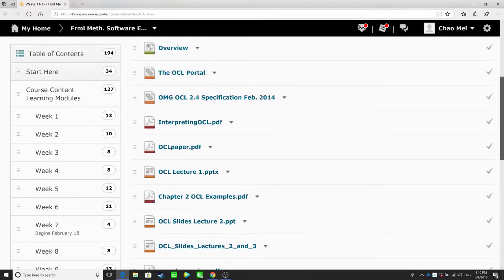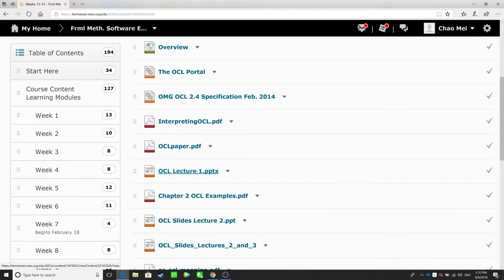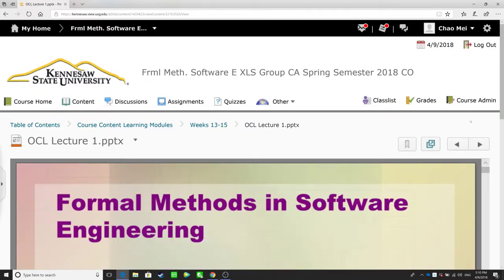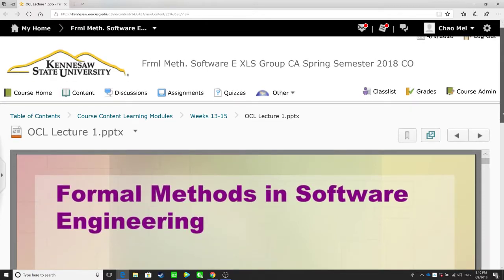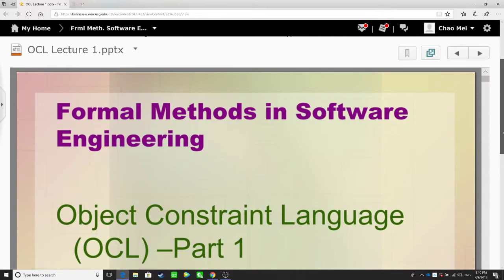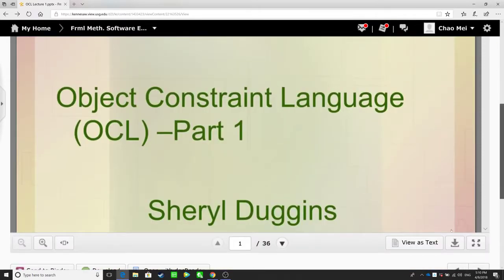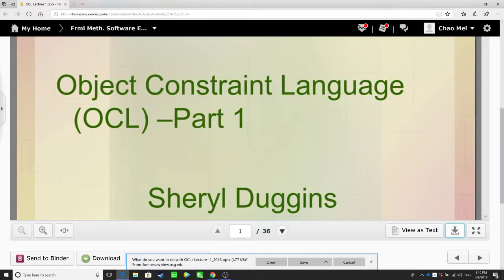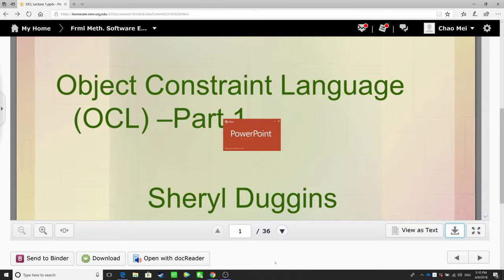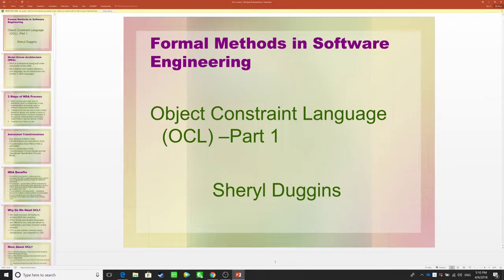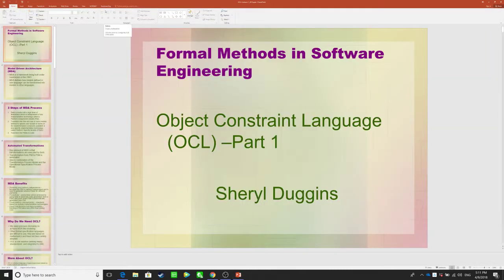It's called OCL, the Object Constraint Language. It's also a language used for specification. So it's still a specification.